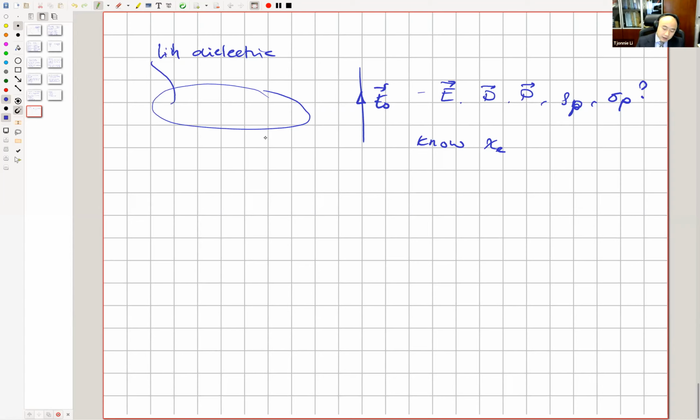So the first thing is to identify the things that we do know. One thing that we know is that the electric field outside is E0. That means we also know the displacement field outside of the material, outside the disk. So who knows what the displacement field outside the disk is?